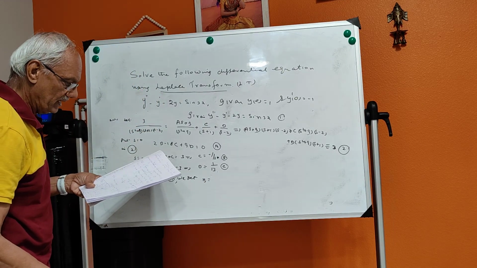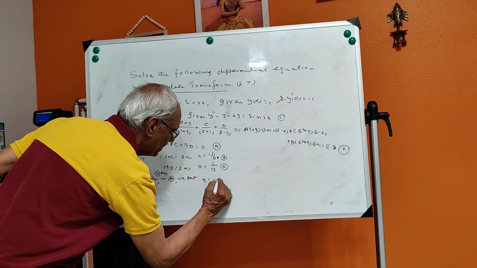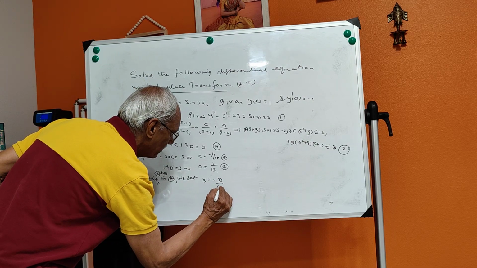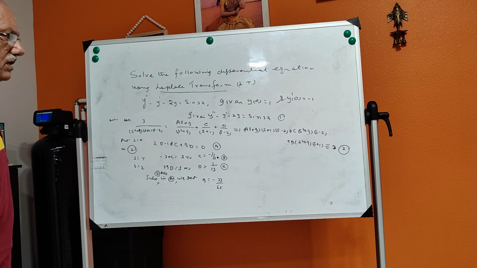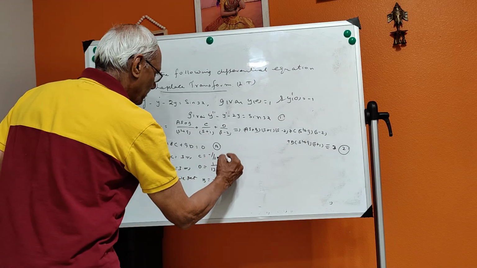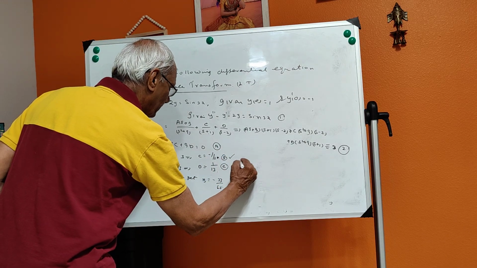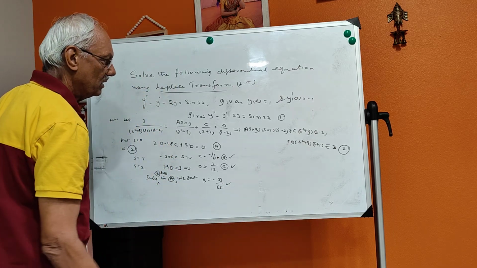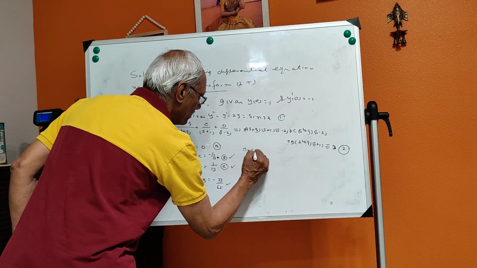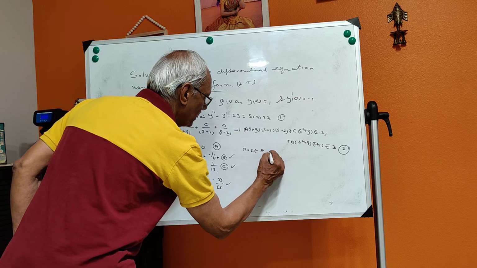The value of b, you will get it to be minus 33 by 65. So these are the values we get. Now you see that I am able to get the value of c, the value of d, and the value of b. To get a, we get a.